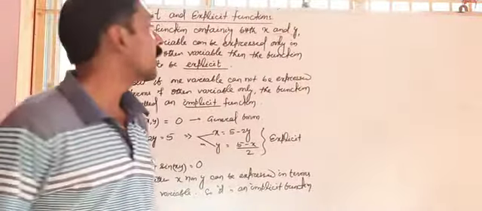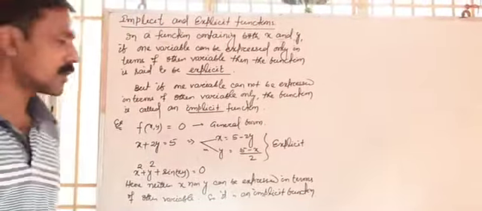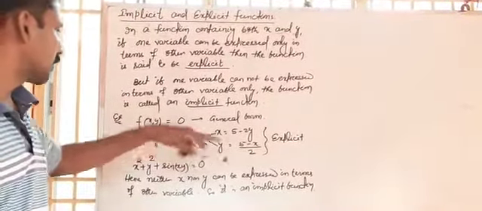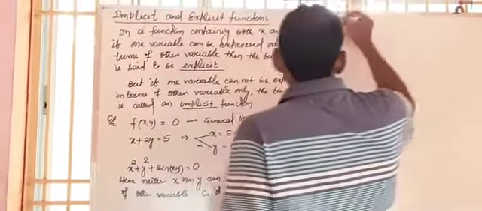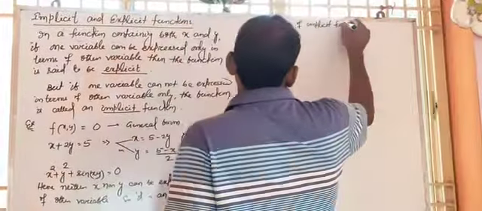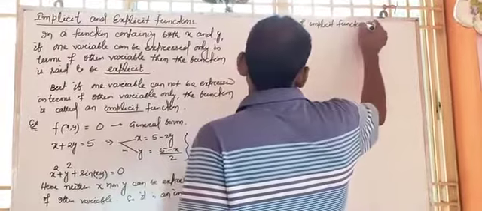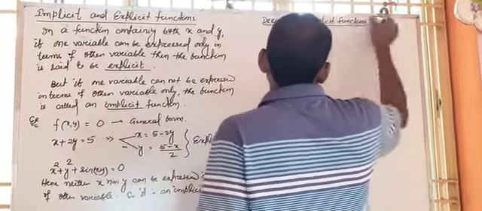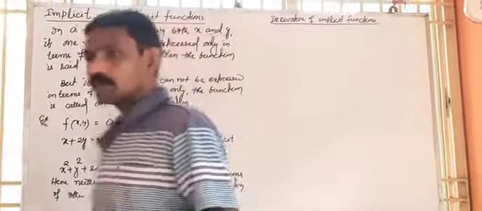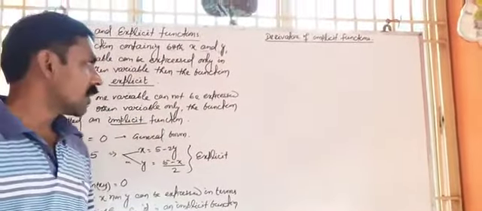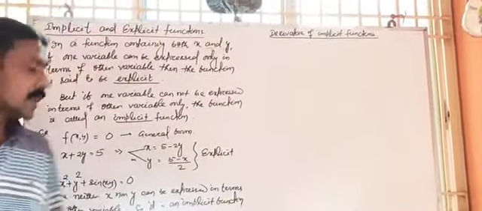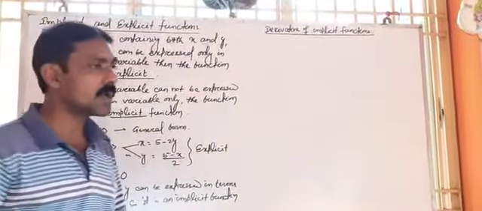Now how to find the derivative of an implicit function? This type easily you can find, but how to find the derivative of implicit functions? Here the method is the same, only the extra thing is you have to multiply dy by dx.